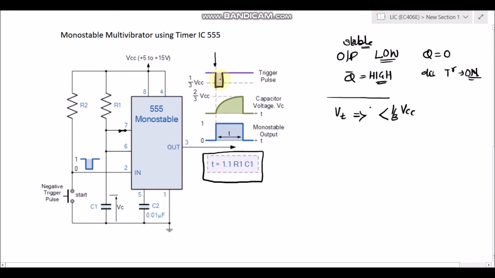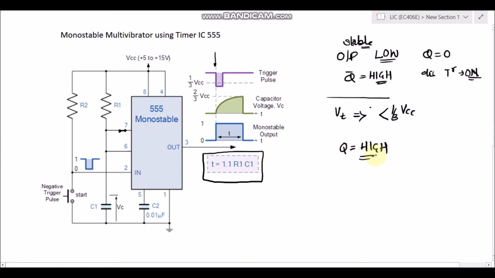As soon as we give the low trigger voltage, pin 2, which is the trigger, will get a low voltage, and we know it is connected to the lower comparator. So it will turn on that comparator which is connected to the set of the flip-flop. So the output will be set, or my output will be high.